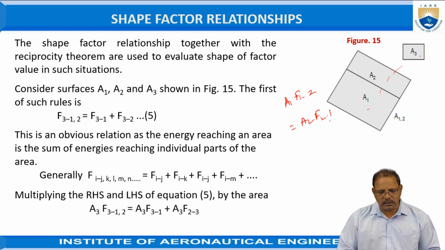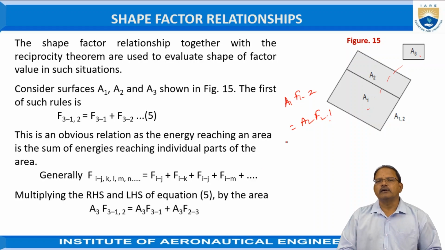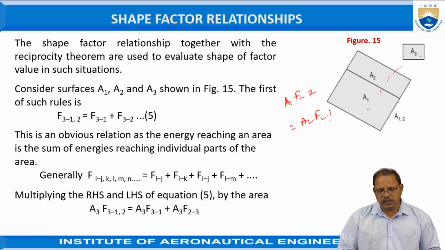Generally, if a number of surfaces are present, the shape factor Fi to (j,k,l,m,n) is given by Fij plus Fik plus Fil plus Fim and so on. That is the sum of the shape factors from object i to the individual surfaces j, k, l, m and so on.